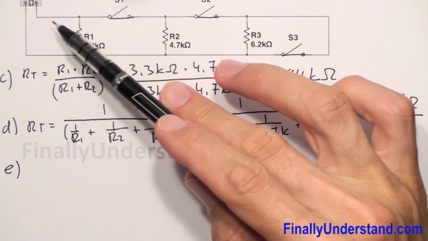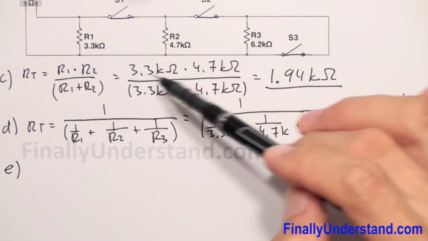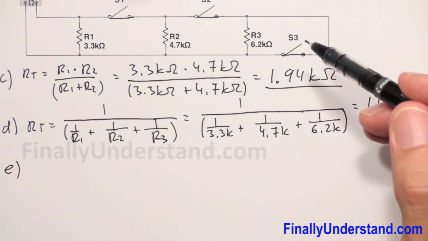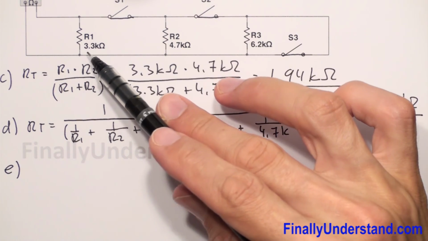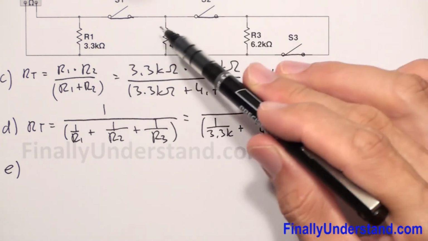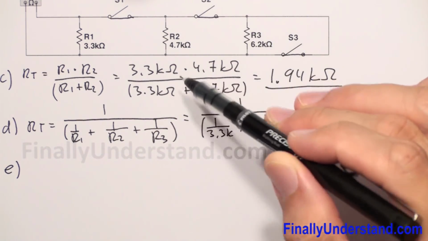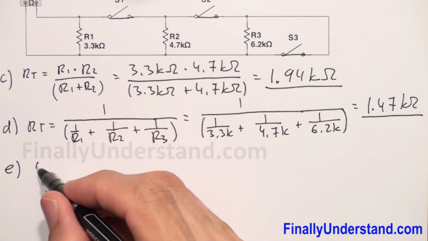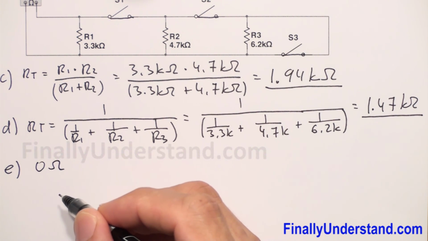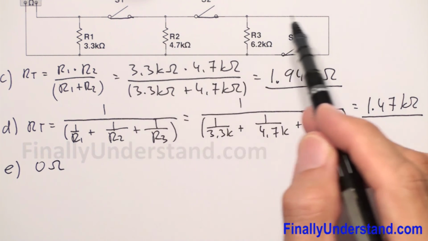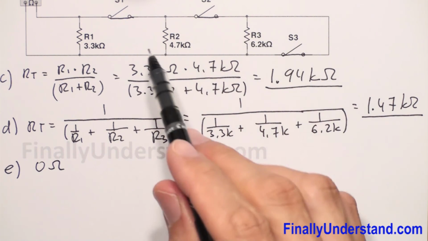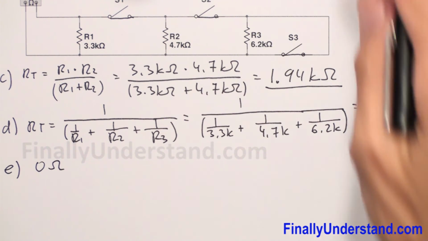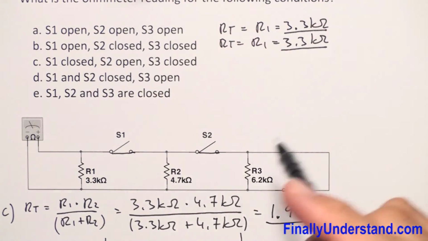So current is going to take the open door in order to reach the negative terminal of the ohmmeter. So it's going to completely ignore these resistors and simply go by this. So your ohmmeter is going to measure 0 ohms. It means that the circuit is short. So these are the solutions for these scenarios.